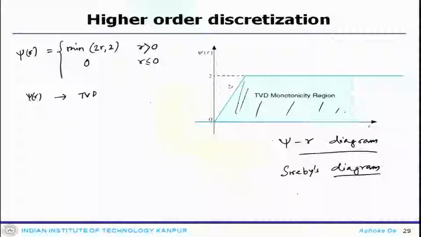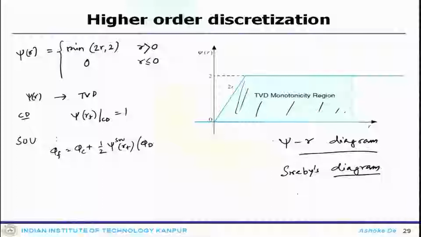Very specifically, the limiter of the central difference scheme can be easily obtained, where psi r f for the CD scheme would be 1, while the same thing for the second order upwind scheme can be computed as phi f equals phi c plus half r f times phi d minus phi c, which is 3/2 phi c minus half phi u.